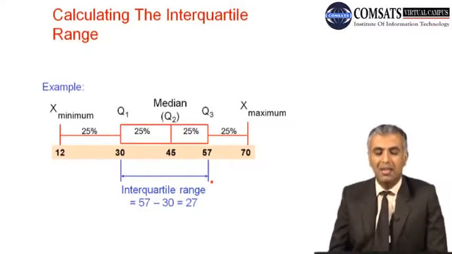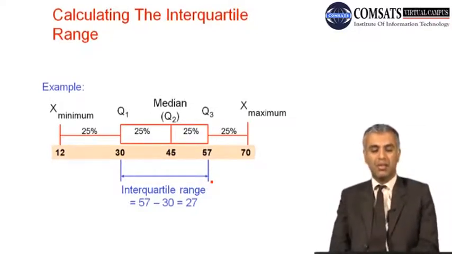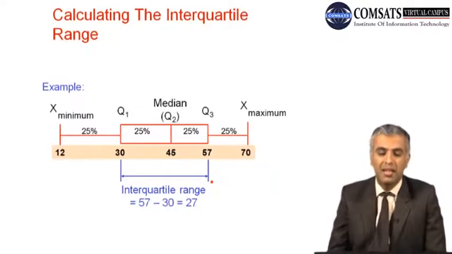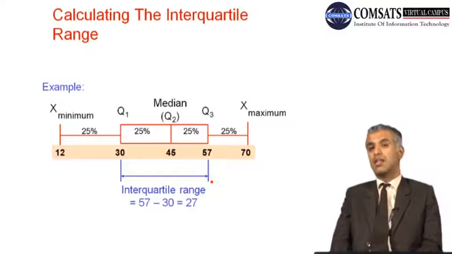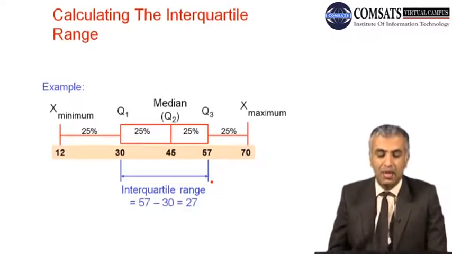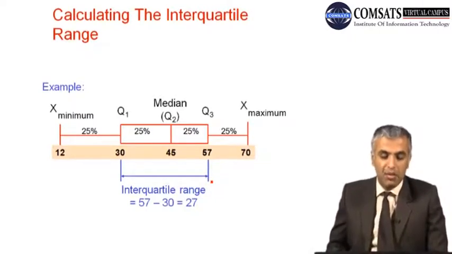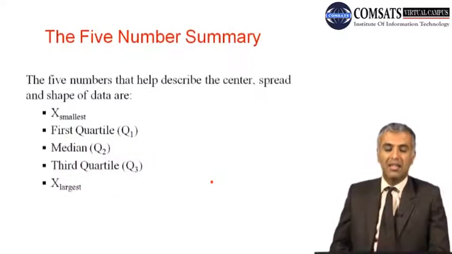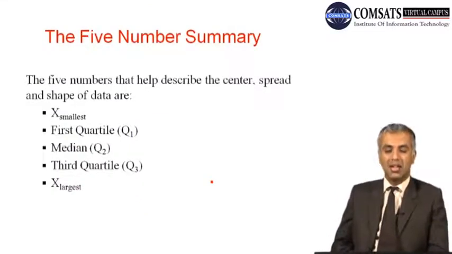By putting in the values as we have done before, we can see the various values of Q1, Q2 and Q3, and also the interquartile range. Once Q1 and Q3 have been calculated, the interquartile range is found by subtracting Q1 from Q3. So here we have an interquartile range of 2 to 7.